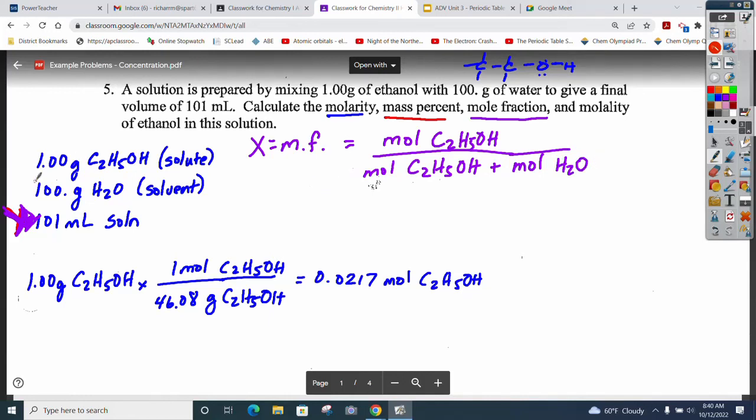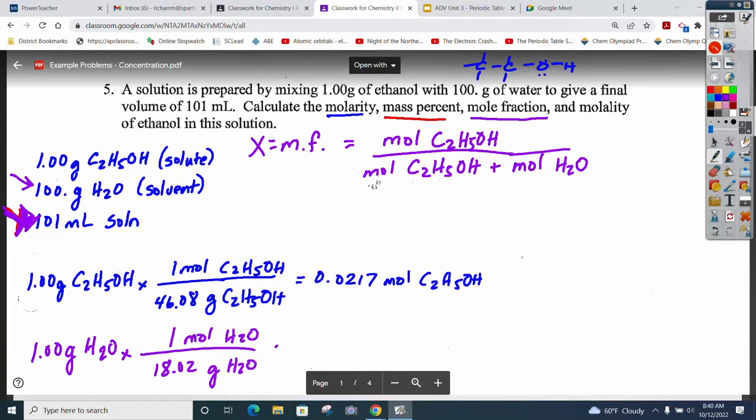Okay, I run into a problem because I don't have moles of my solvent. I only have mass. So I'm going to take grams of the water and use the molar mass of water, which is 18.2, to convert that to moles. When you plug and chug and round to the correct number of sig figs, you're going to get 5.55 moles of water.